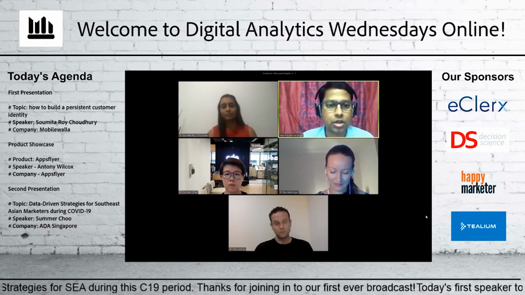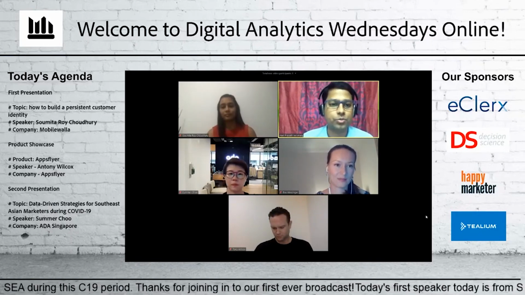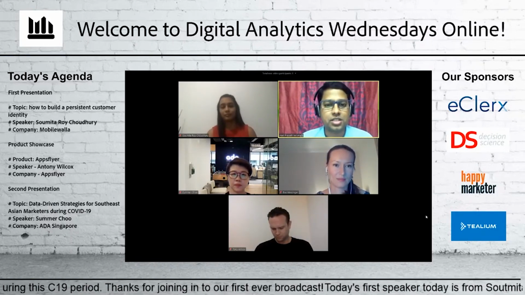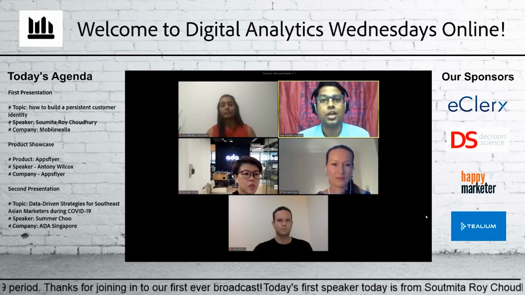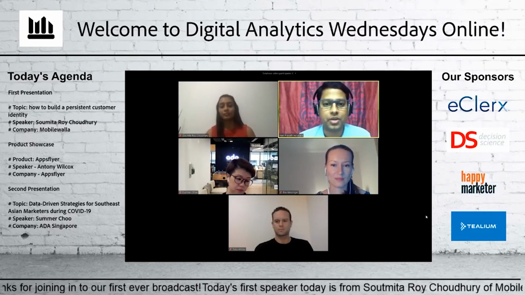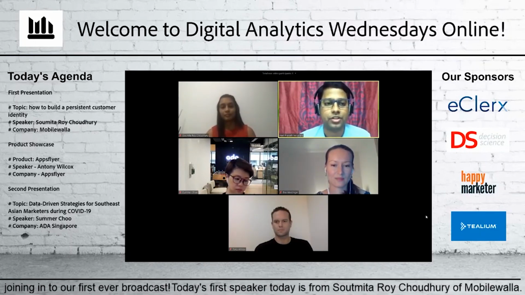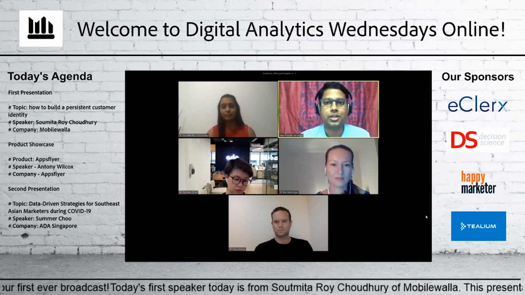And today we have Soumita Roy, VP of APAC Sales from Mobilewalla, and she'll take us through persistent customer identity, right? Given the shift of industry from cookie-less tracking and more shift towards first-party data, this is a very relevant topic we thought we should bring to the table. And thank you, Soumita. Over to you for you to start your session.